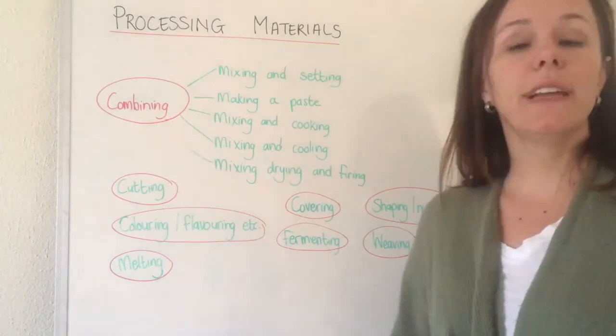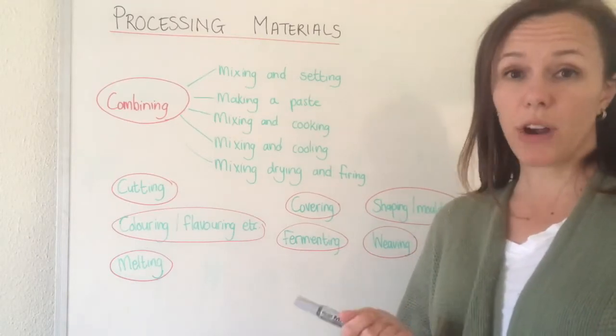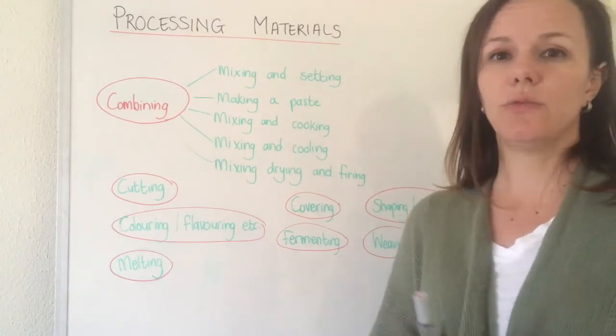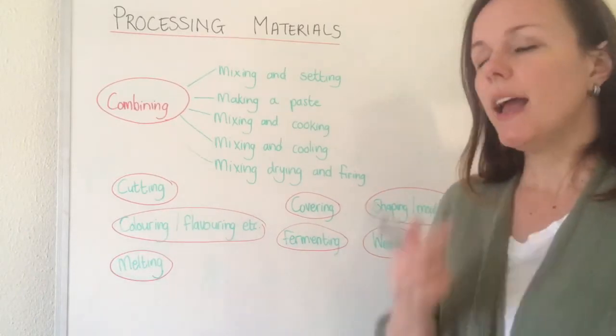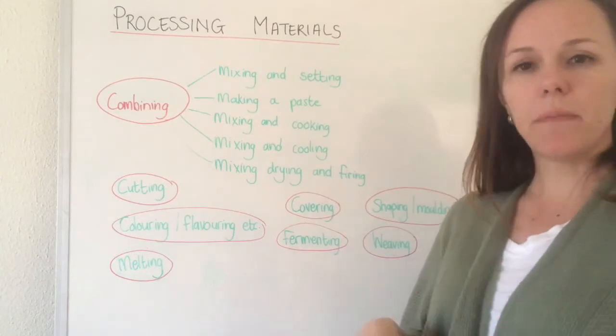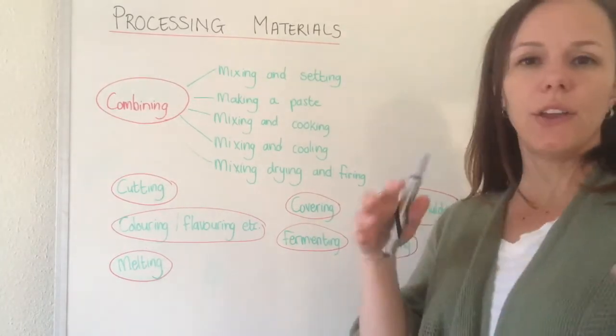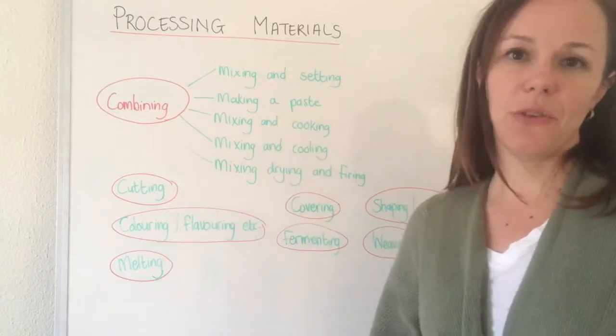Coloring and flavoring. If you take a fabric, for example, which is already a processed material because we've used cotton or wool or whatever to make that fabric, we can dye that fabric by putting it in some dye, and you make your nice white pair of pants pink or blue or green, whatever you want.